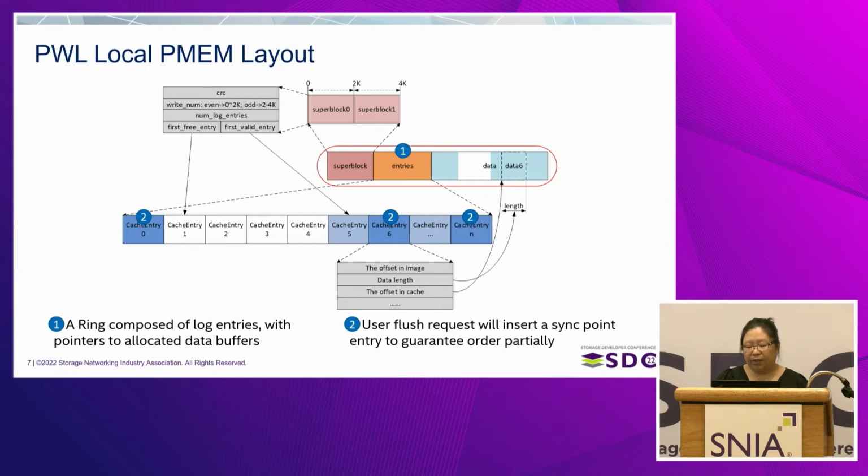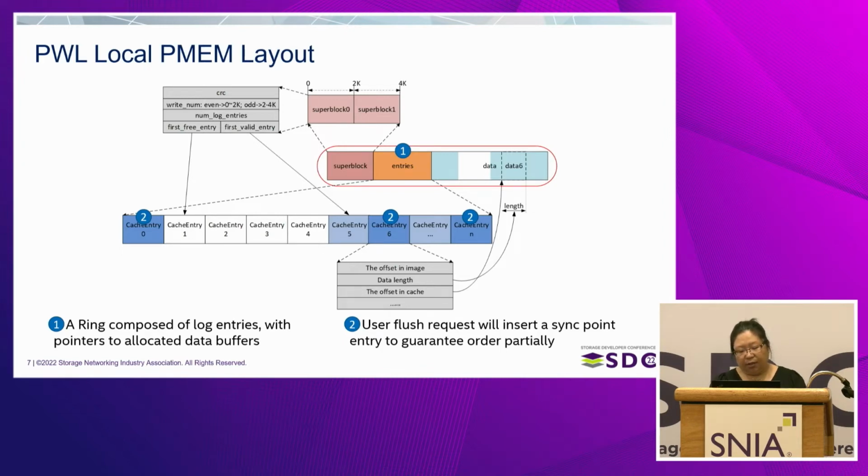The offset in image means the logical address in the RBD image. And the data length records how long the data is. So the cache entry is a ring composed of log entries pointing to the allocated data buffer.